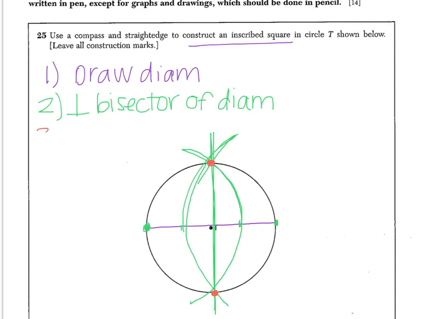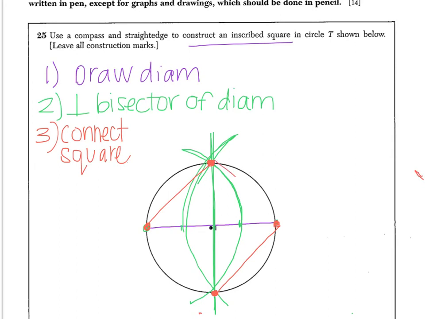My third step is to connect to make the square. So in order to do that, I'm connecting each point on the edge of the circle. So now we have a square inscribed in circle T.